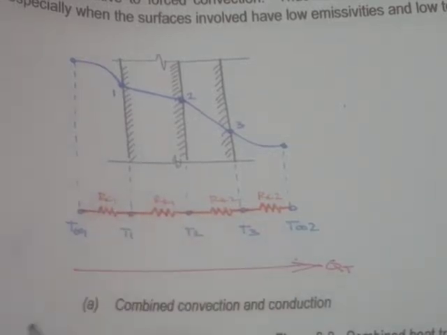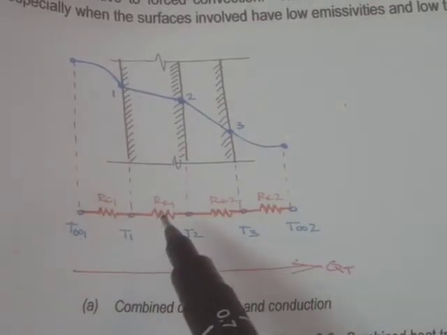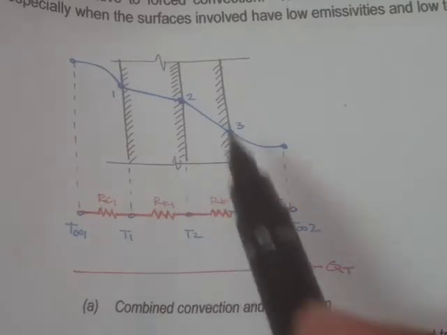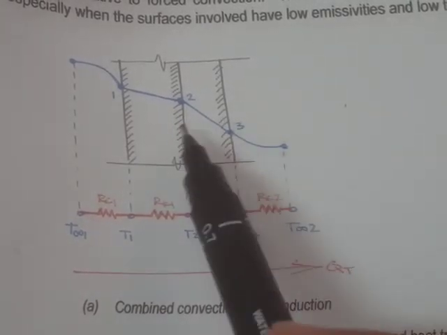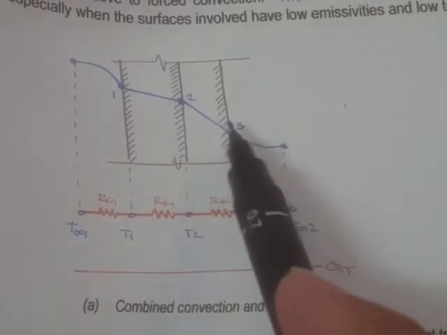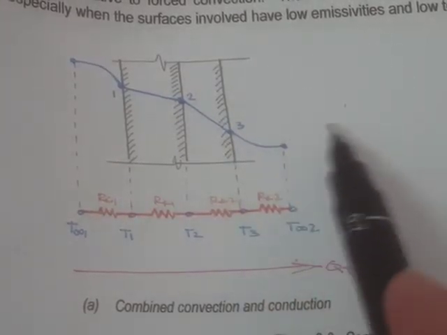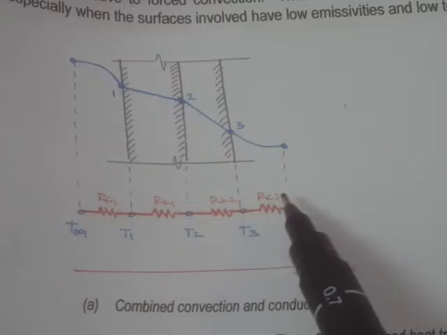That's the convection resistance. Now from point 1 to point 2, we have another resistance, but that's the conduction resistance. From point 2 to point 3, this is another resistance, but in conduction. And from point 3 to the fluid temperature right here, that's going to be another convection resistance.